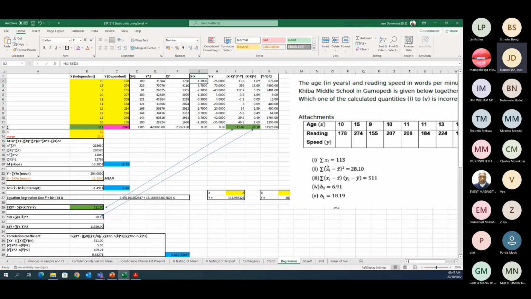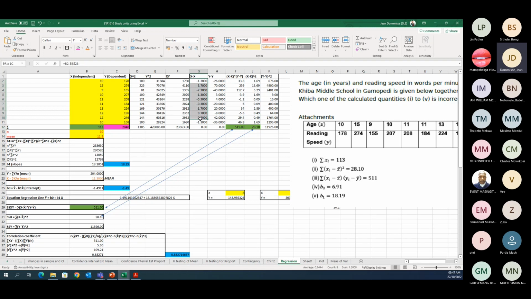Then this part where we set x minus the mean. What we've done here is say that's x, that's the mean, we subtract it. It will always be equal to 0.